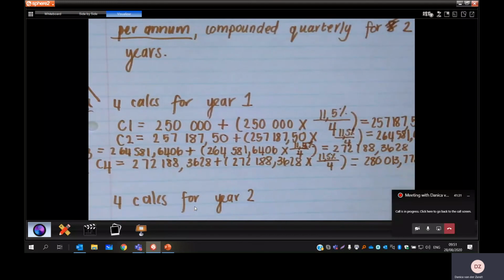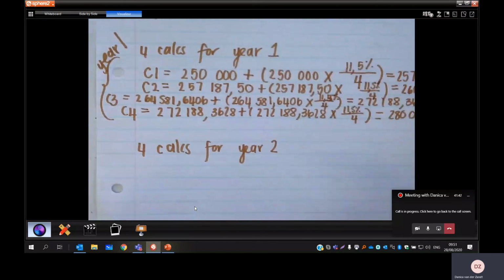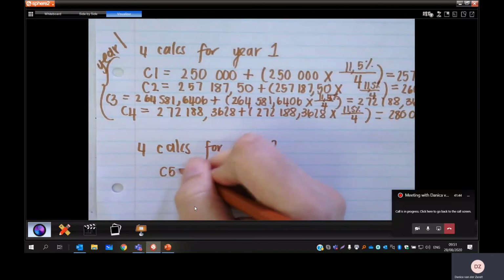So only now am I done with all my calculations for year 1. And I would have to repeat it for the next year's first compound. So I would call it compound 5 because it is my next compound.